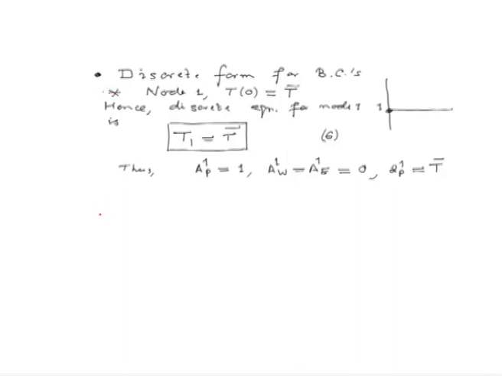Next, let us move on to the rightmost boundary, which corresponds to our node n plus 1.